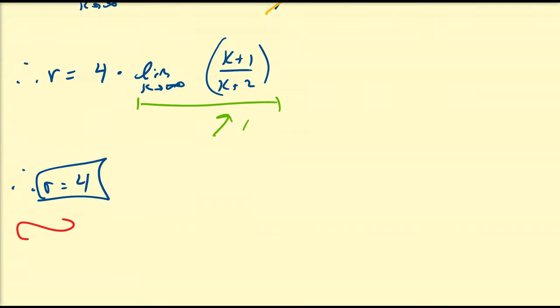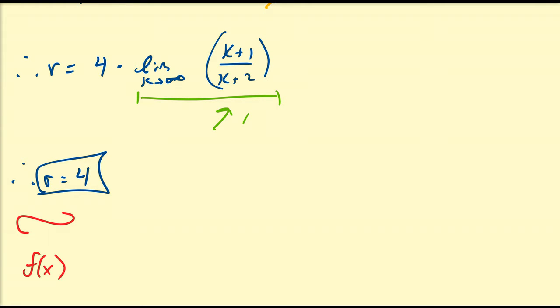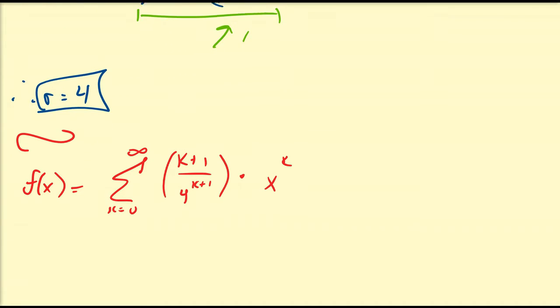So what do we have here? We have that f(x) is equal to the sum from k equals 0 to infinity of (k+1) all over 4^(k+1) times x^k. That's my power series.